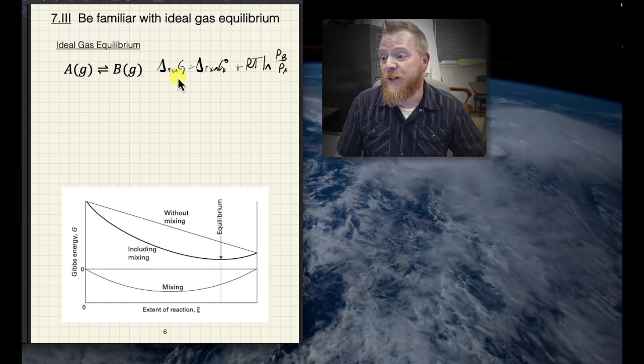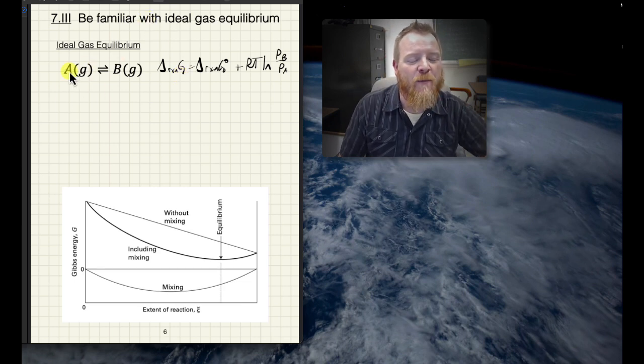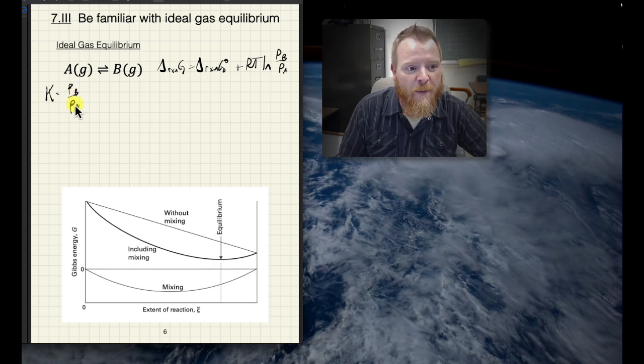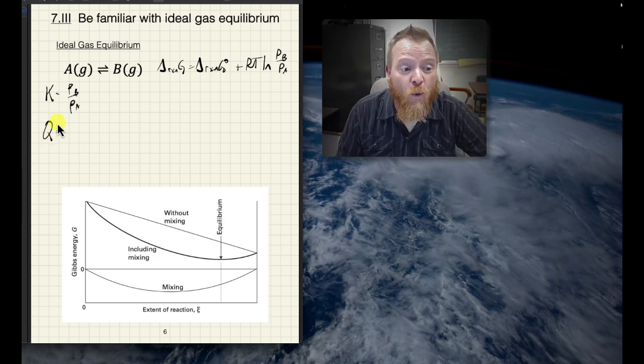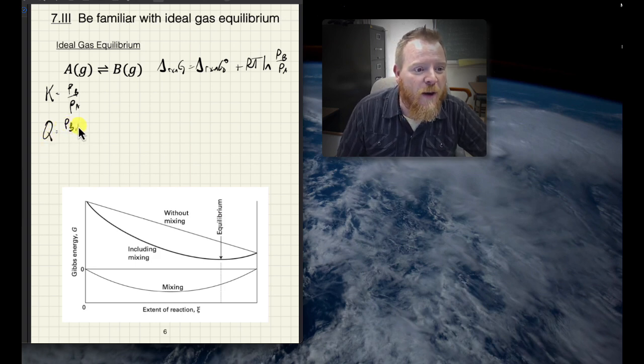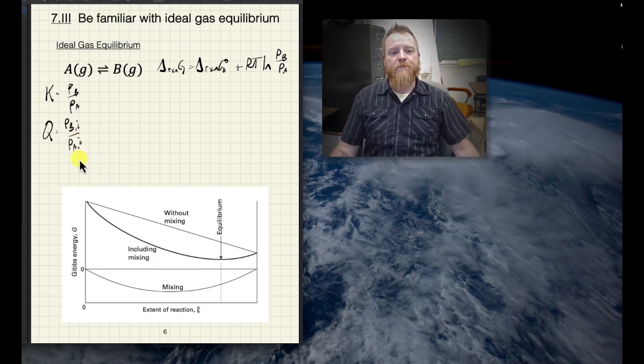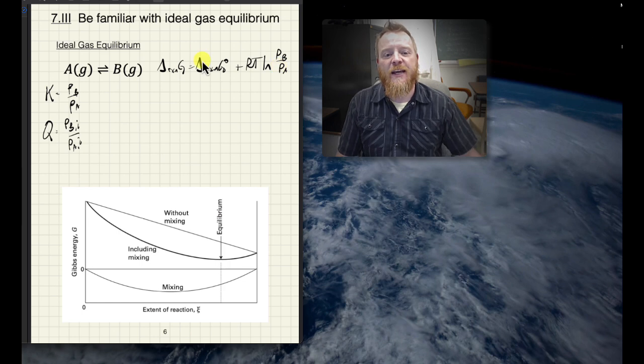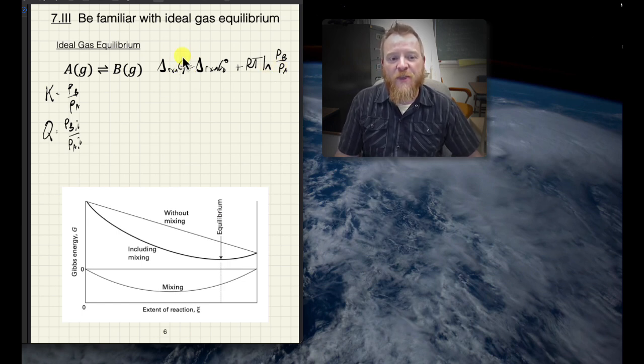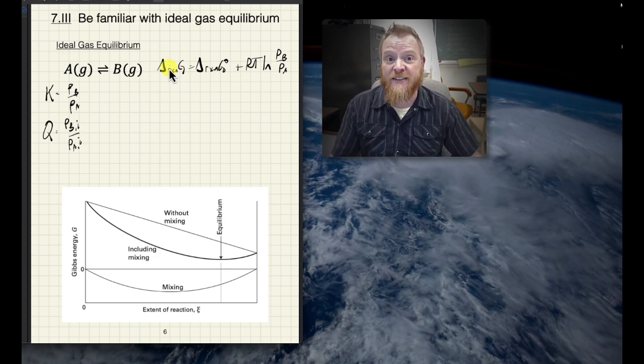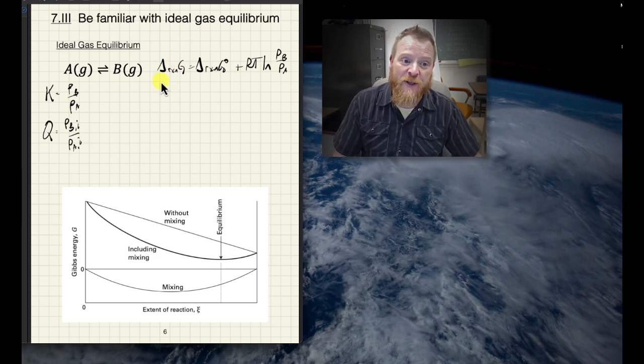And then, of course, remembering here that we could write the equilibrium constant as PB divided by PA if those are equilibrium amounts. Or recall we use this thing called the reaction quotient corresponding to the initial amounts. As it turns out, in this expression, when this delta G reaction for the whole process is not 0, we are not at equilibrium.